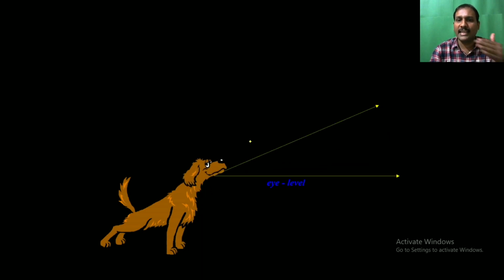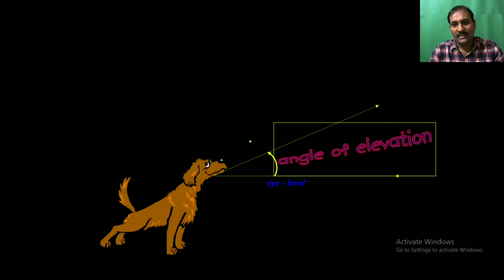To observe something which is at a higher level than its eye, it has to raise its head at a certain angle. That angle is called the angle of elevation. Here this is the line of sight and this is the horizontal line, and the line of sight is above the horizontal line, therefore the angle of elevation is formed.